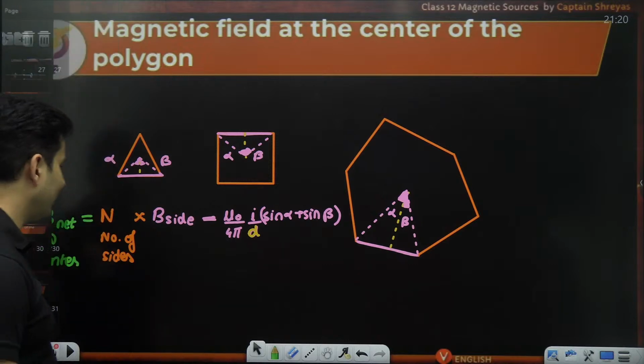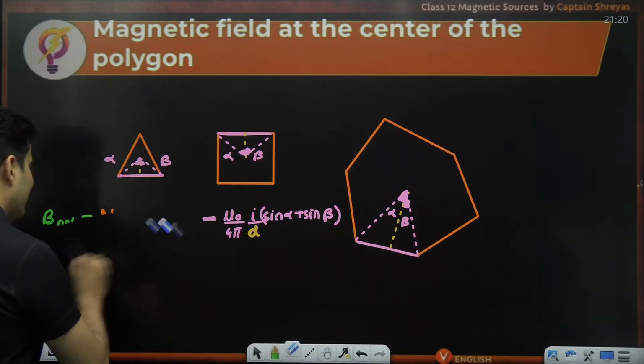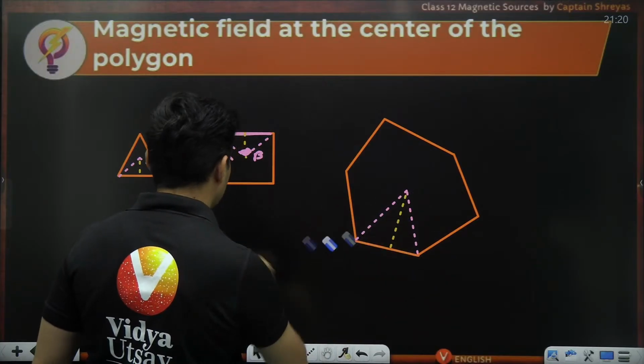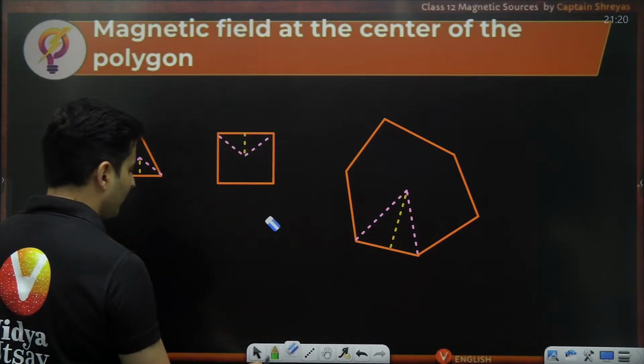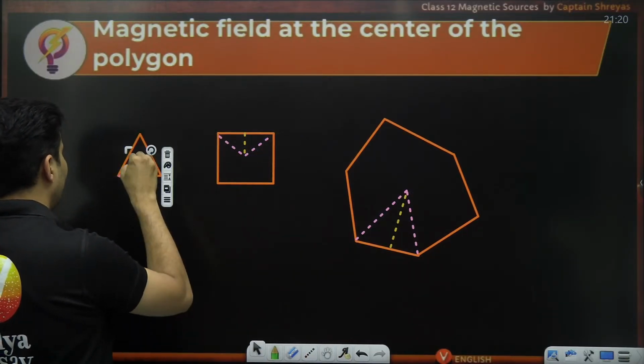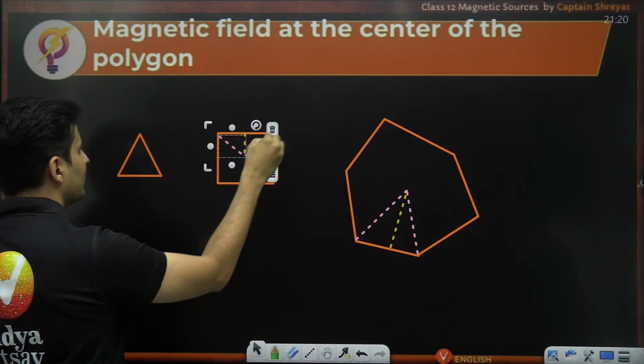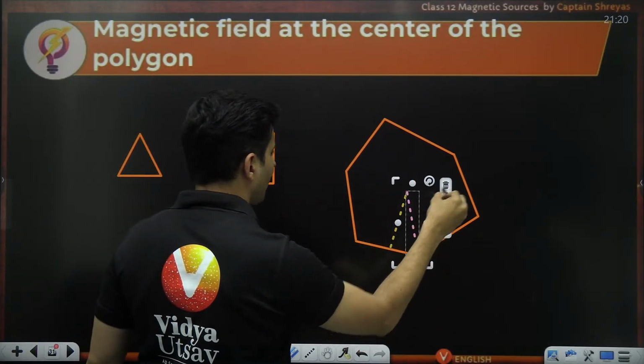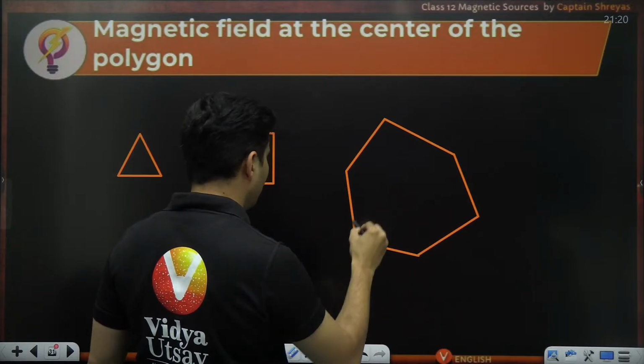So I think we should do that. Right, so this is one thing, but there is also one more addition to this, and I want you to pay attention to that. Say, for example, you have any polygon like this, regular polygons only.